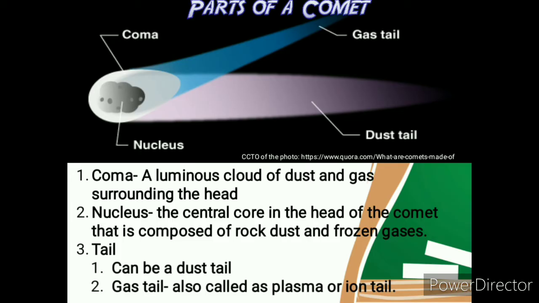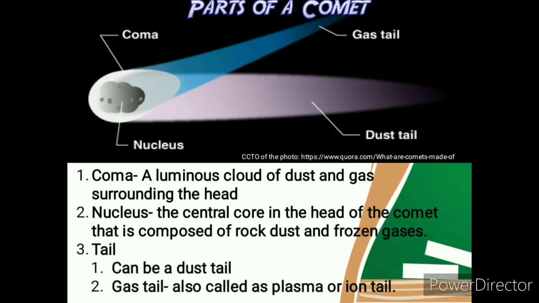The tail has two types or two kinds. It has a gas tail and it also has a dust tail. So, two: there is a dust tail and a gas tail. When we say dust tail, these are the disintegrated parts, parts of the rock that became dust.